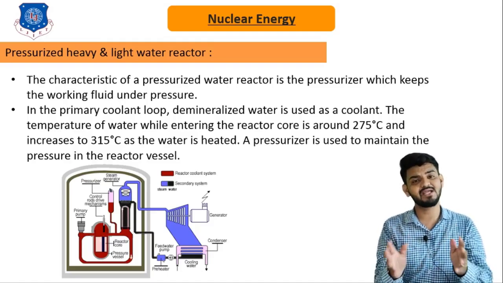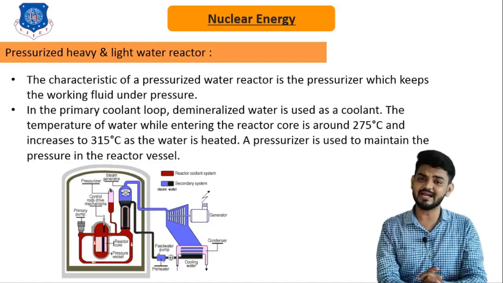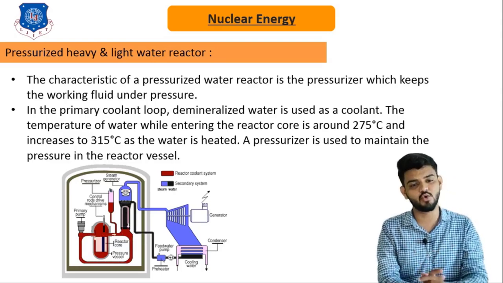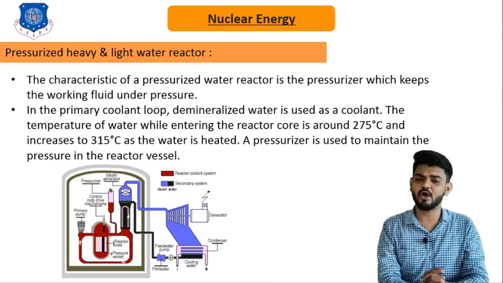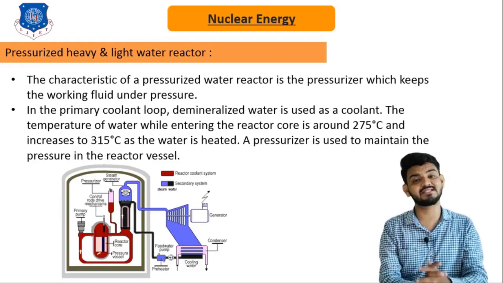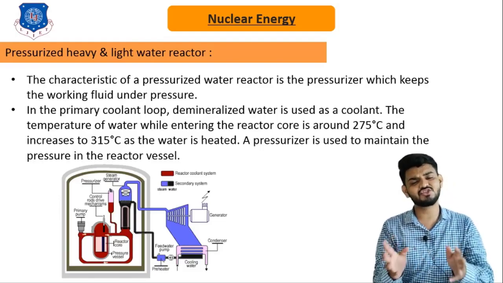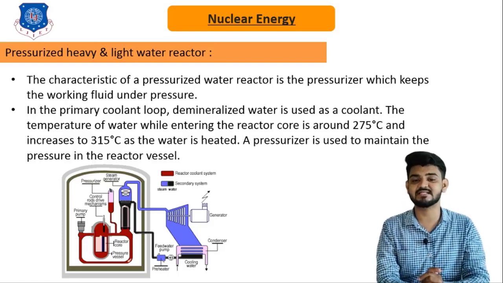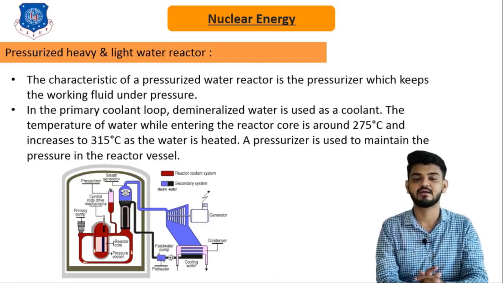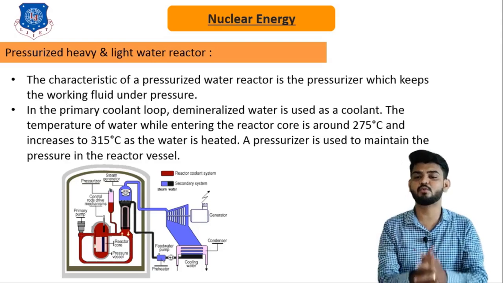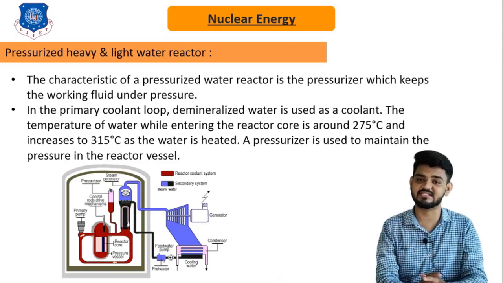In the primary coolant loop, demineralized water is used as the coolant. The temperature of water while entering the reactor is around 275 degrees Celsius and increases to 315 degrees Celsius as the water is heated. A pressurizer is used to maintain pressure in the reaction vessel.